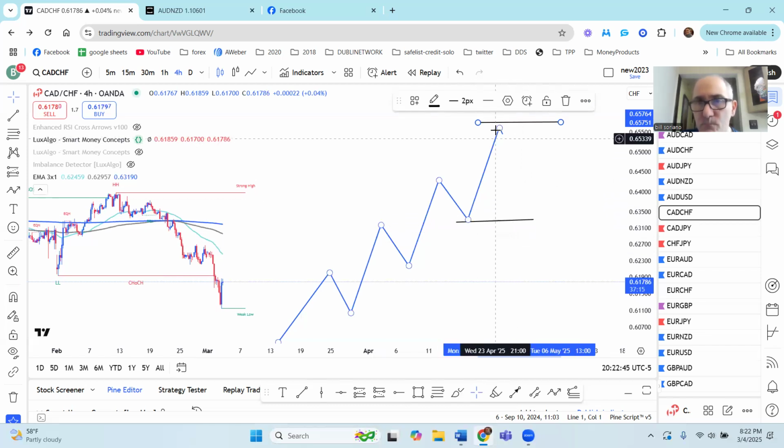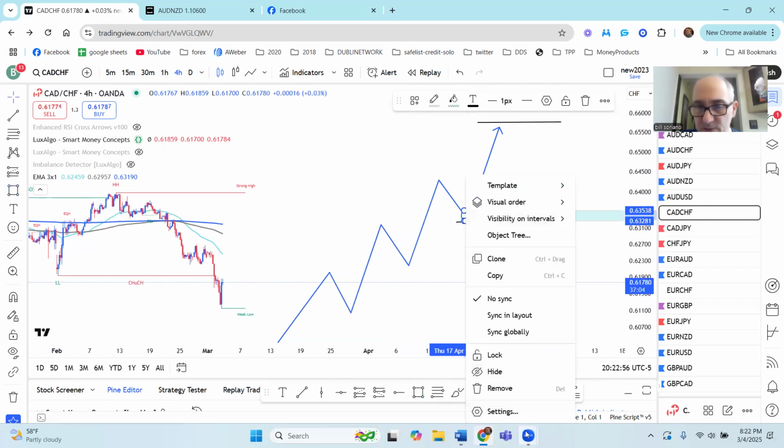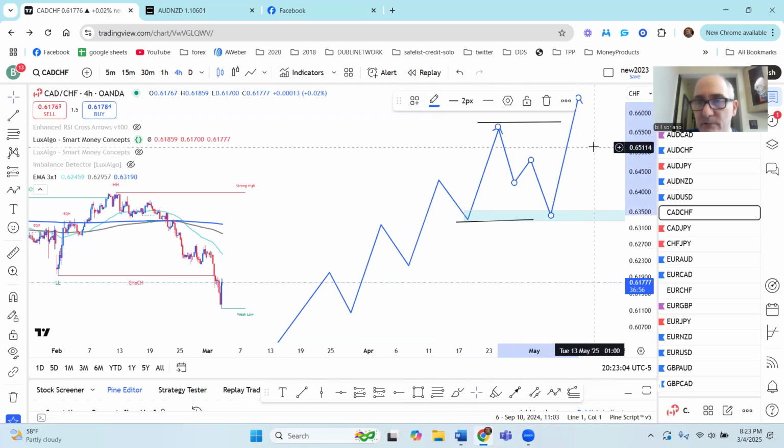So once we get this break of structure right here, that gives us a new demand zone right here that we can potentially look to trade from, right? We know that once price comes back to that demand zone, we expect it to react off of it and move back up, right?